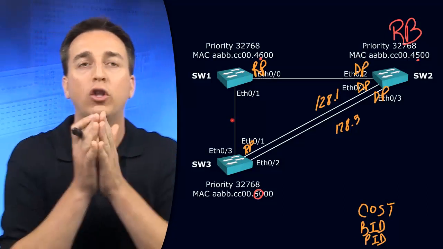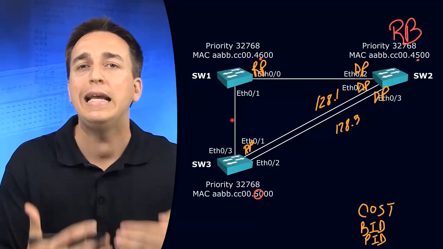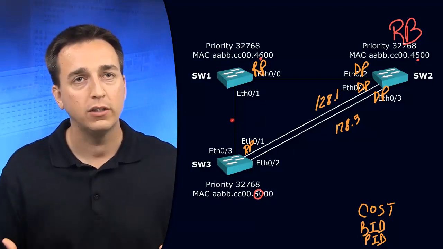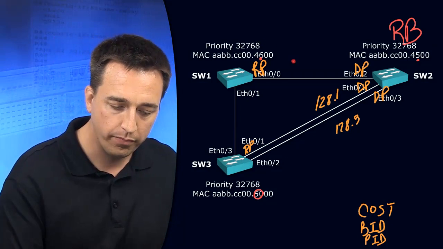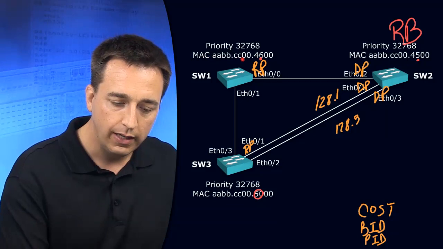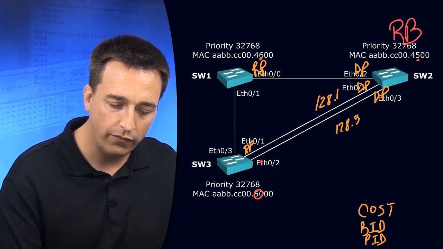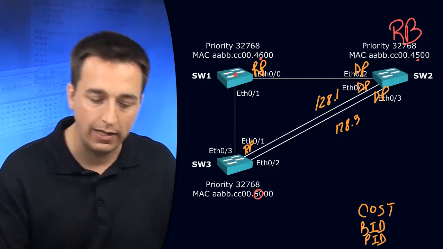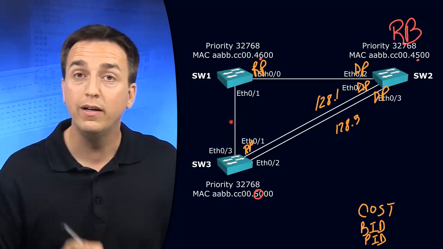Position yourself in the middle. Now look at switch 1. Is switch 1's bridge ID lower or better than switch 3, or is it vice versa? Well, when we compare, the priorities are the exact same, but if we start breaking down the MAC address as the tiebreaker, 4 is less than 5, meaning that switch 1 has the lower bridge ID, and if we're standing in the middle of the link, we're saying that switch 1 is superior.